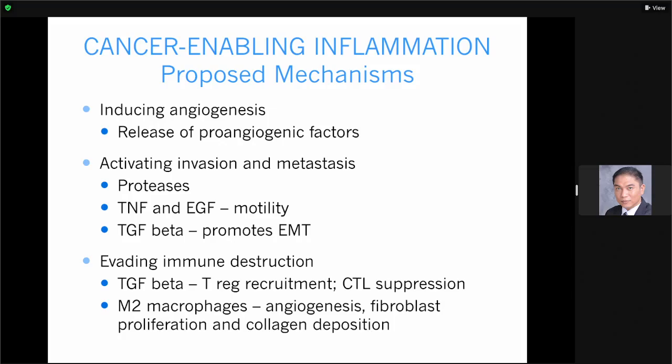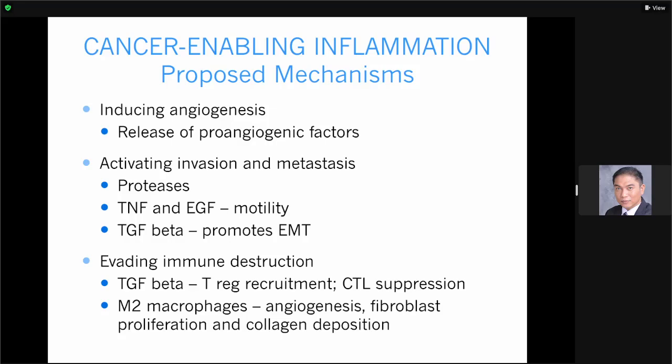So the molecules that are needed for cancer cells to easily invade, infiltrate the surrounding tissue can also be found in inflammation. TGF-beta promotes epithelial mesenchymal transition. Tumor necrosis factor and EGF promotes motility. Proteases will allow the cell to easily undergo locomotion in the matrix.